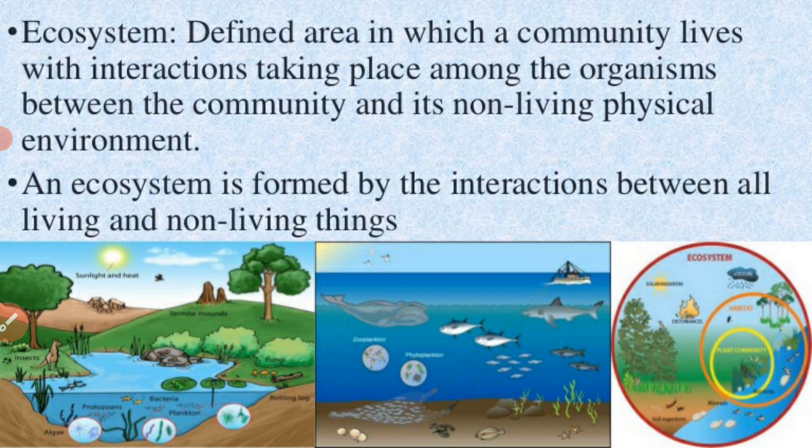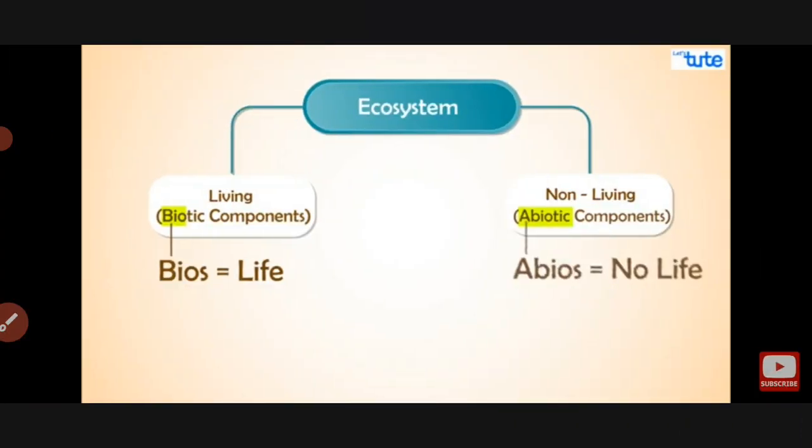The complex system of interactions between the organisms, that is the living component, and their physical environment, that is the non-living component, in a particular area is referred to as the ecosystem.